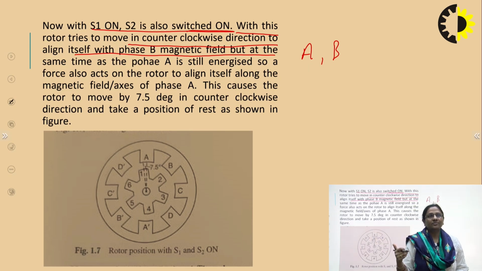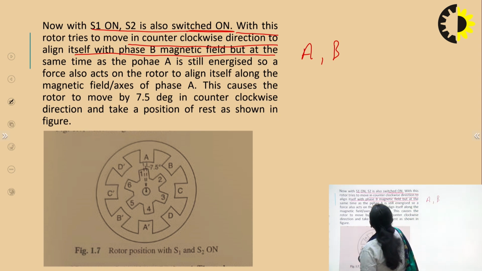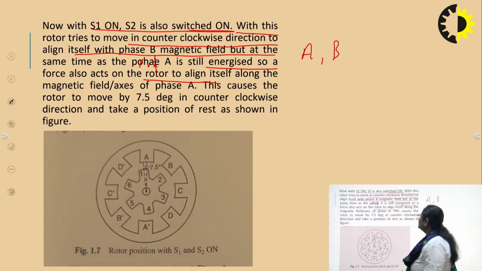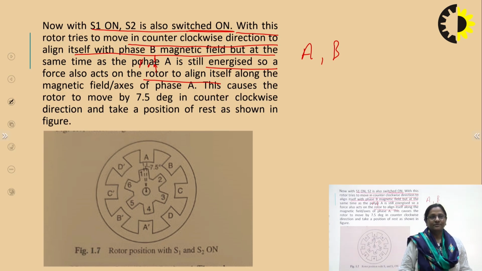Phase A is still energized, so a force also acts on the rotor to align itself along the magnetic field of phase A. So two phases' magnetic fields separately are acting on the rotor and developing a force on the rotor to align itself with the respective phase.